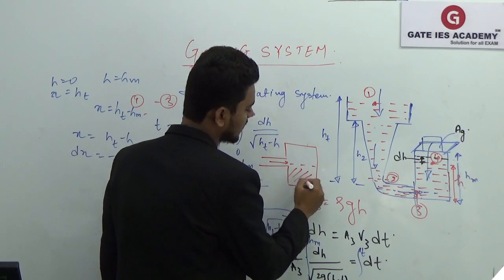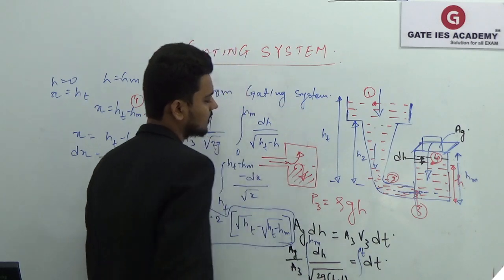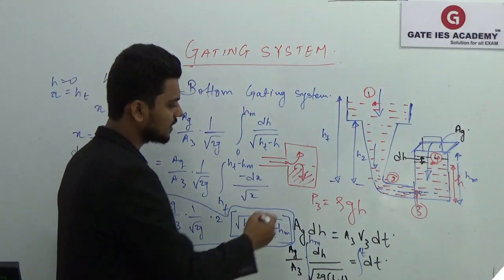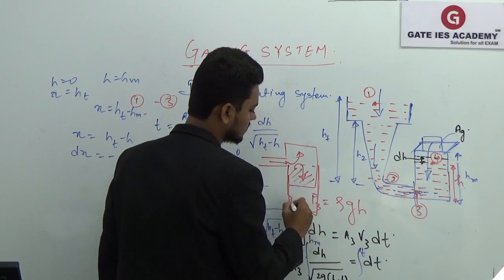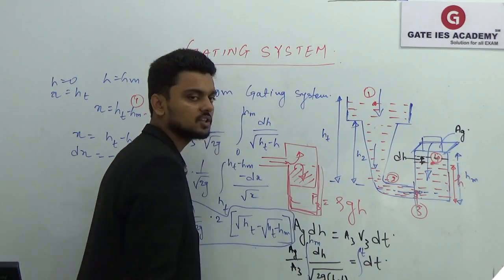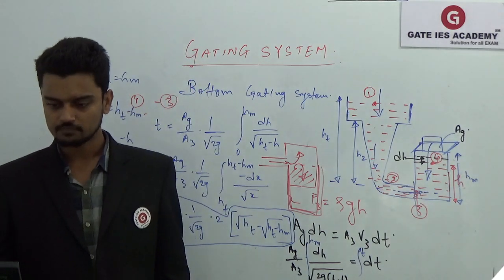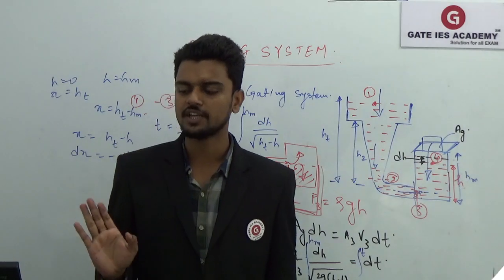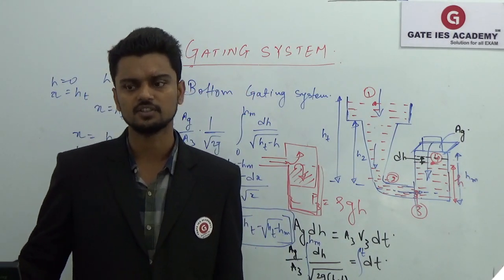This half will be filled by the top gating system and this will be filled by the bottom gating system. So if that drag portion is deep, it will cause mold erosion again. But it is easier and most economical in preparation. That is why we mostly use the parting gating system.